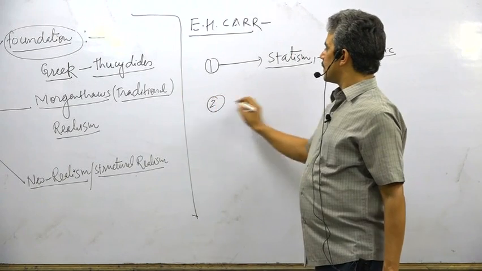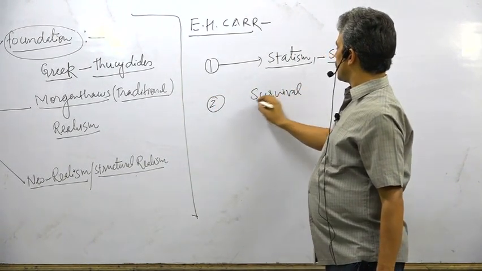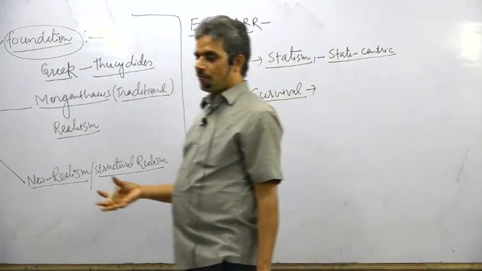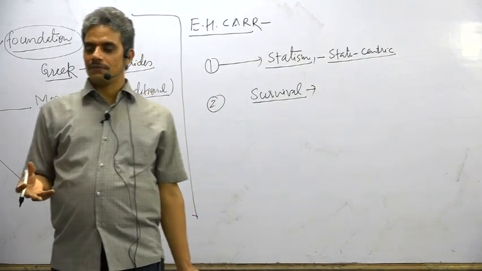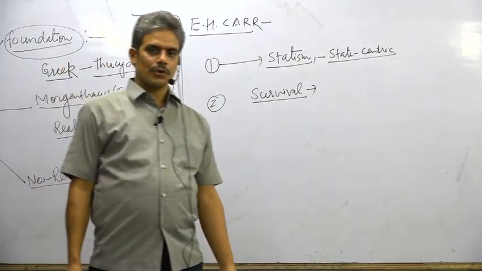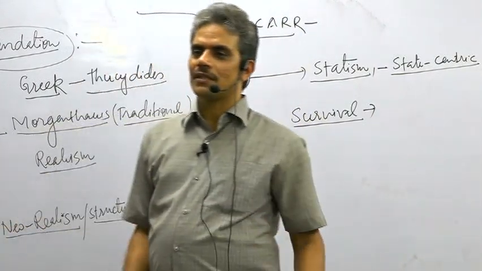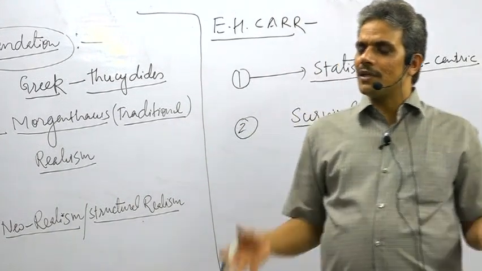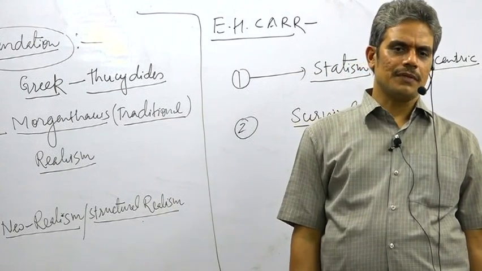Second, the survival of the state is the most important. The second basic assumption of realism is that the survival of the state is the most important. Survival simply means, tell me, what is your most fundamental need which you want to fulfill?